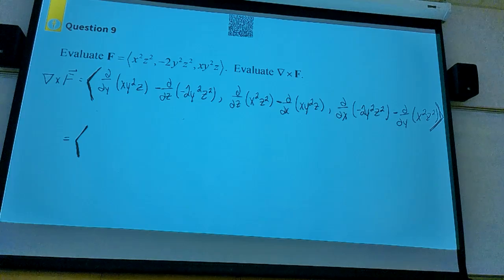So you don't have to memorize those formulas if you just know what nabla is, know how dot and cross products work, you're good. So you don't have to memorize formulas.